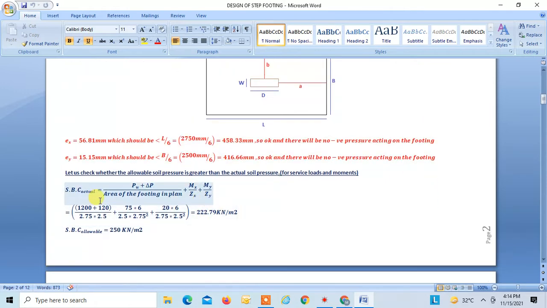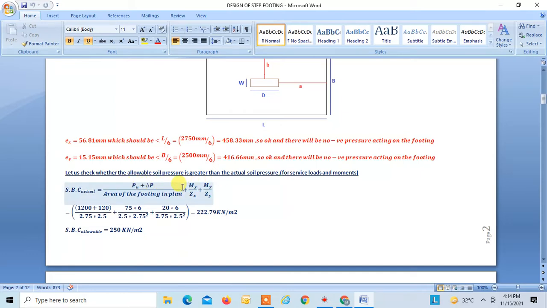Now the next step is to check whether the SBC actual is less than SBC allowable. SBC actual can be found by this formula, that is service load P plus delta P divided by area of footing, plus Mx divided by Zx, plus My divided by Zy.